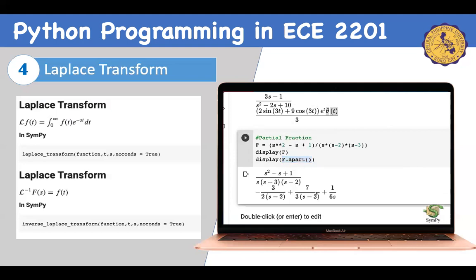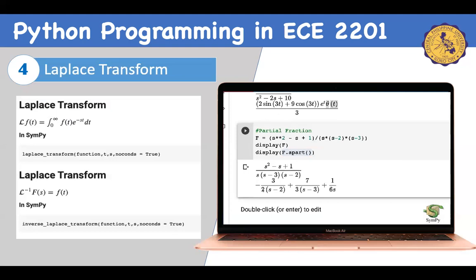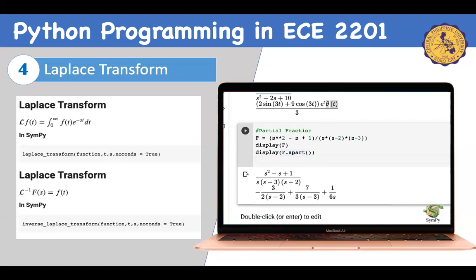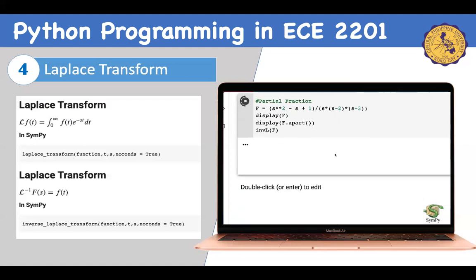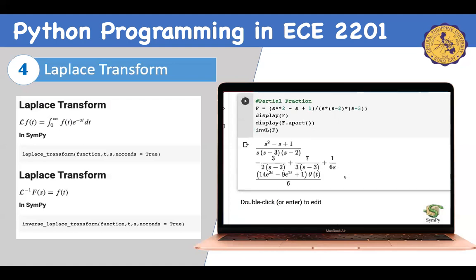So that's it for your partial fraction. Okay, so it is easier now if we have lectured this before the exam. So we have the inverse Laplace transform of f. Now we have the function of t. That's the inverse Laplace transform of your partial fraction.